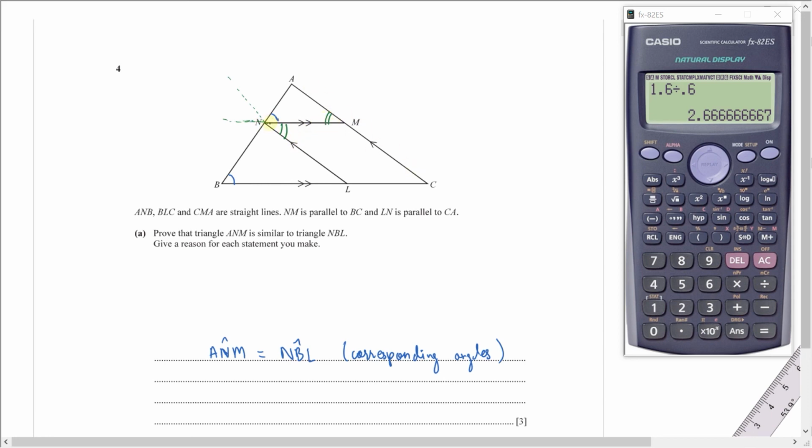And similarly, MN and BL are parallel, and NL is now passing through these two parallel lines. So this angle MNL will also be equal to this angle BLN, because these are also alternate angles. So you can say angle AMN equals to angle MNL, which in turn is equals to angle NLB, because they are all alternate angles.